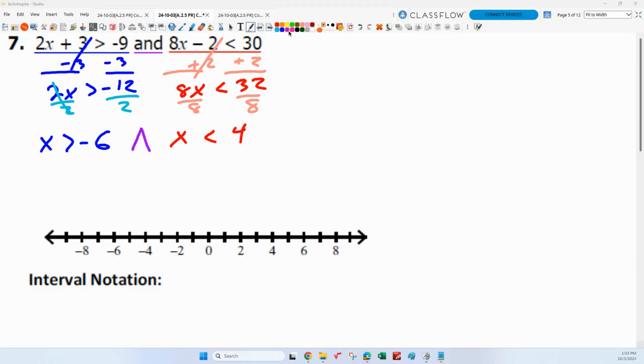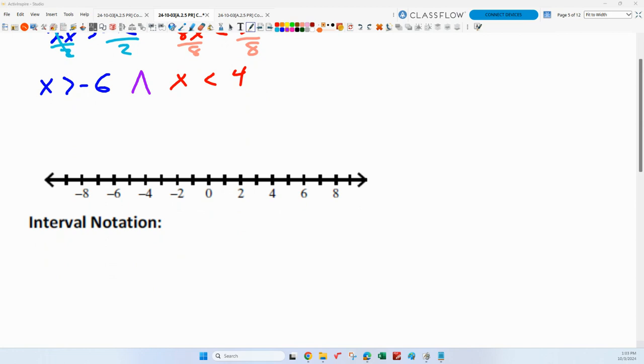But we don't want to leave it like that. We want to try to push these together. When we want to write these as a 3-part inequality, the easiest way to do it would be to graph it first. The graphs are very helpful. So would everybody agree the blue one is going to be open endpoint at -6, and we're going to shade to the right, aren't we? Because we want greater values.